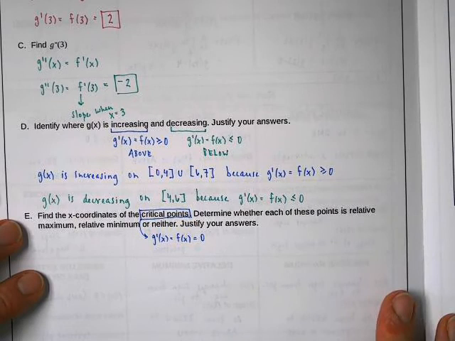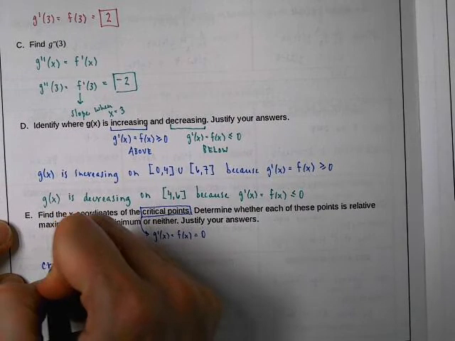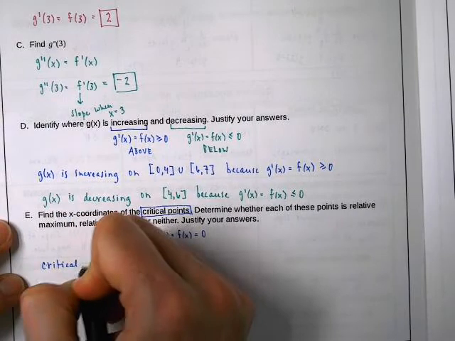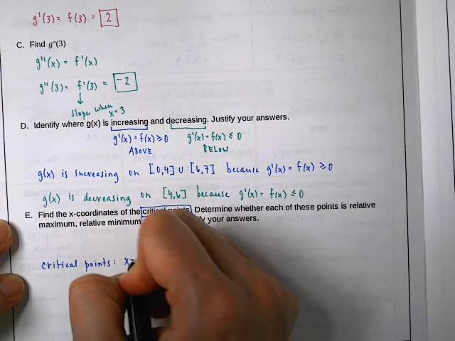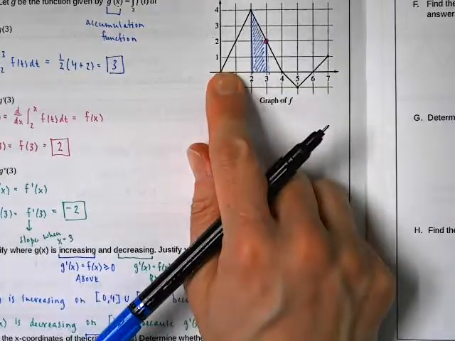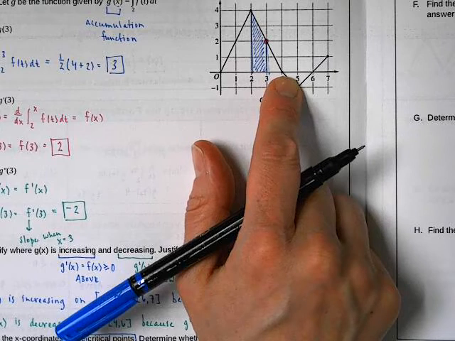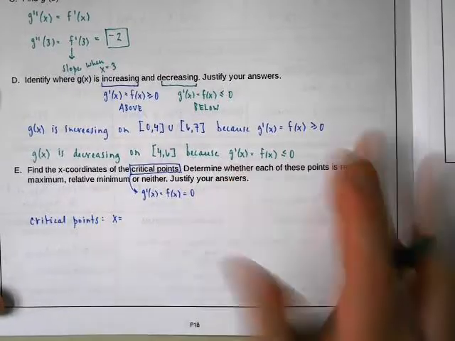So all the values where that function is equal to 0. So let's tackle that first. F of x is equal to 0 when x is 0, when it's 4, and when it's 6. So all three of those would be my critical points.